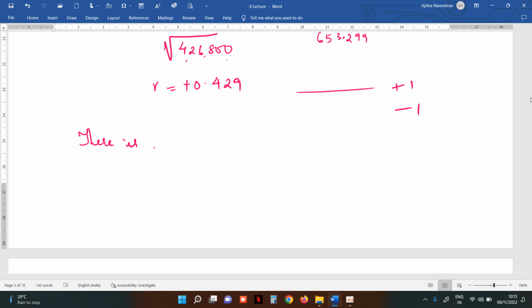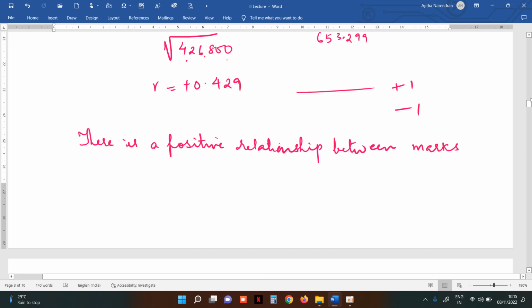So you write that there is a positive relationship between the marks secured in accountancy and statistics.